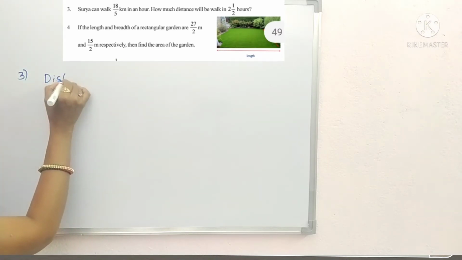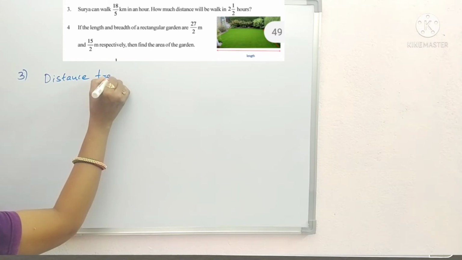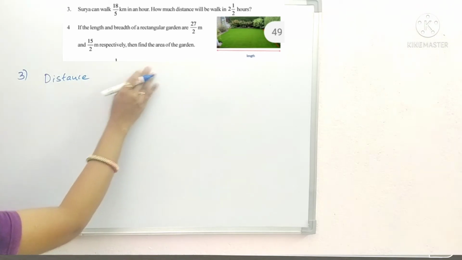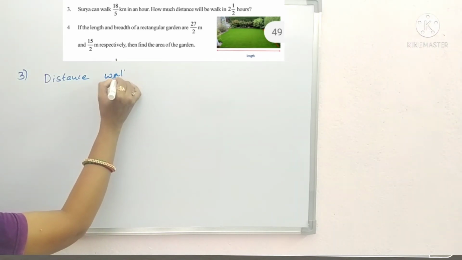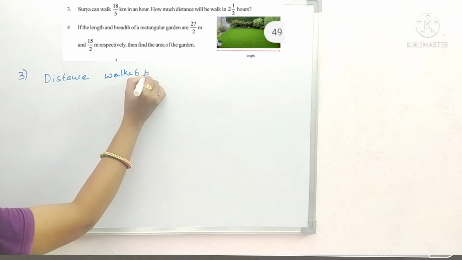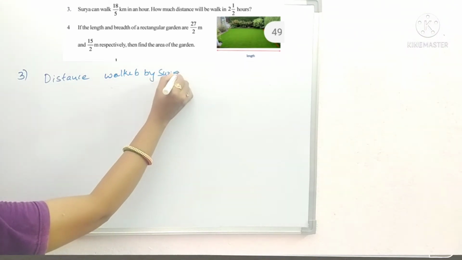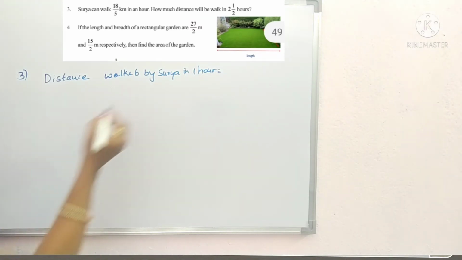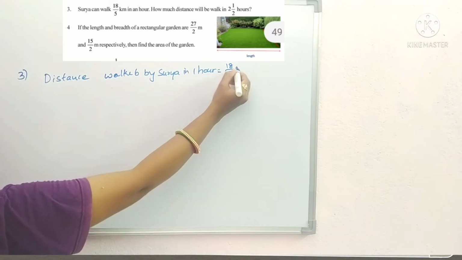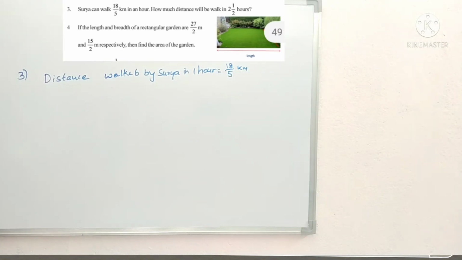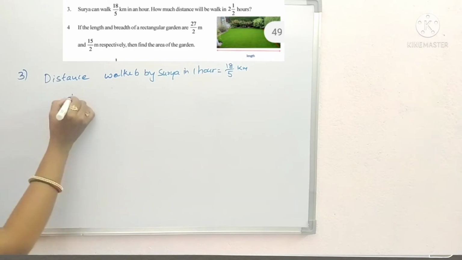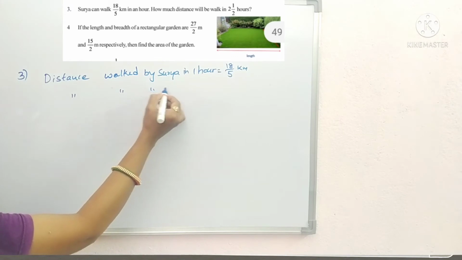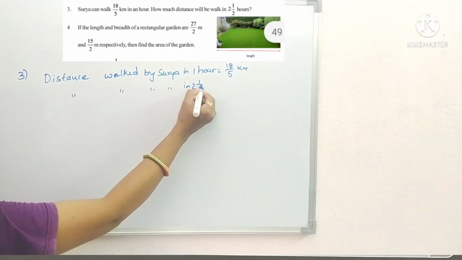So distance walked by Surya in 1 hour is equal to how much he is walking? 18 by 5 kilometers. Now what we have to find out? Distance walked by Surya in 2.5 hours.